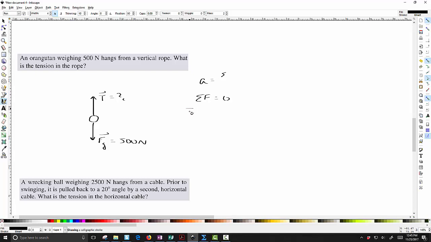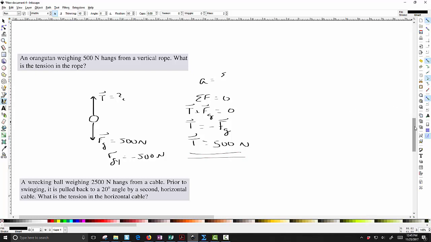My tension force plus my force of gravity is going to be equal to 0. So the tension is going to be the opposite of the force of gravity. We know that the force of gravity is 500. However, the component Fg in the y direction is negative, negative 500 N. And so I know that this has to be positive. So the tension force is also 500 newtons.